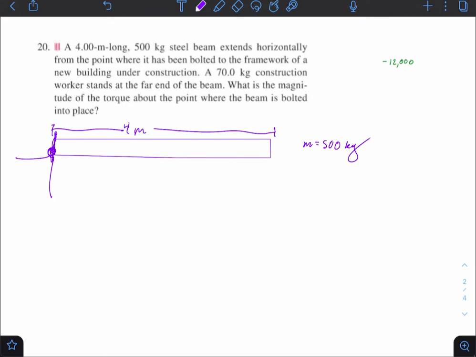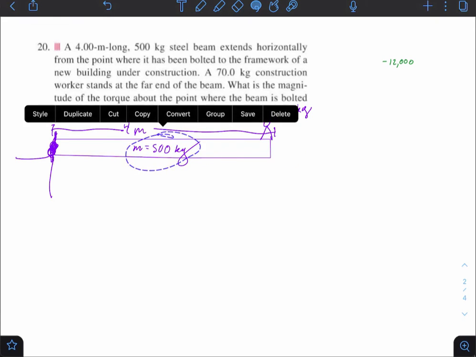In fact, maybe it's bolted to the side of the building? Sure, why not? A 70 kilogram construction worker stands at the far end of the beam. In fact, I'm going to put the mass of the beam inside the beam just so I don't make a mistake.